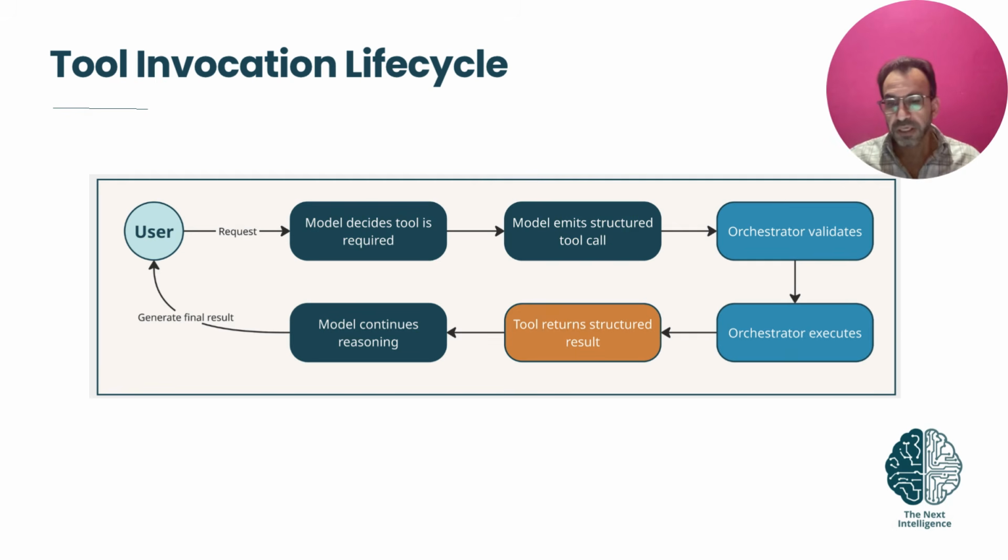For example, imagine a user says, find flights to Berlin next Friday. The model doesn't say, I will now search flights. Instead, it will emit a structured JSON like: tool is search_flights, arguments: origin, destination, and departure date.